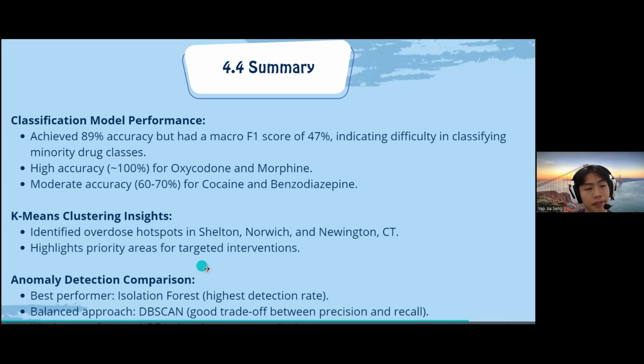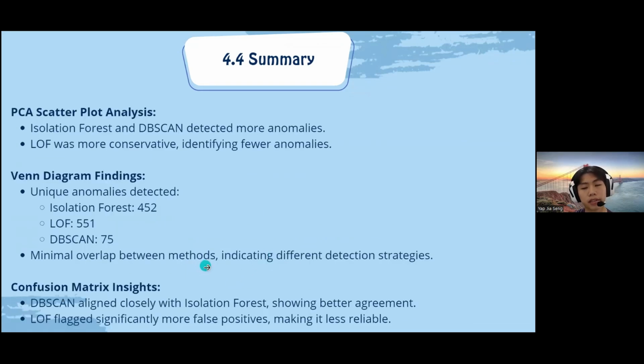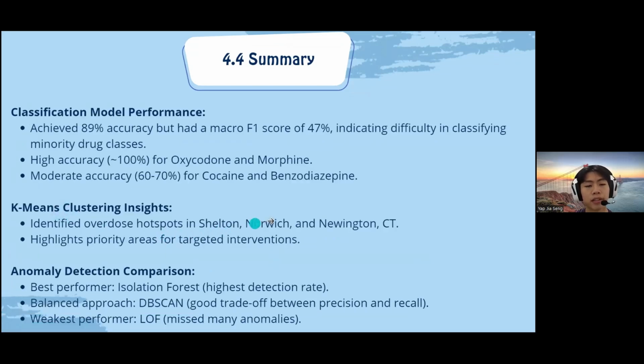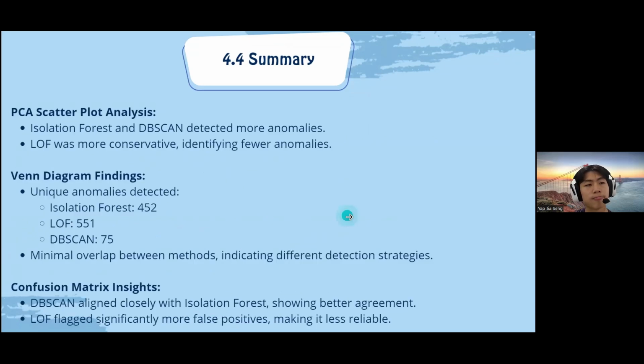For the anomaly detection comparison, the best performer is Isolation Forest because it got the highest detection rates. For balance, DBSCAN is better. The weakest performer is LOF because it missed many anomalies.